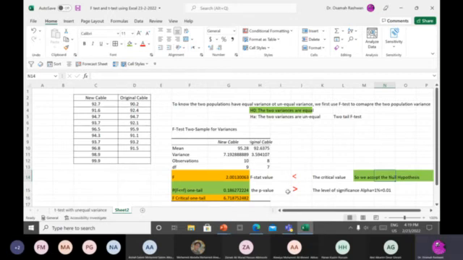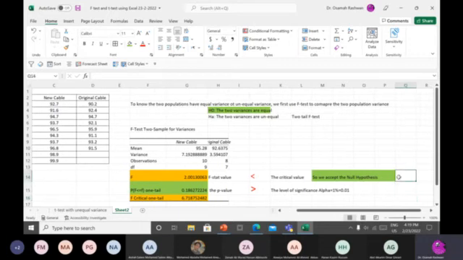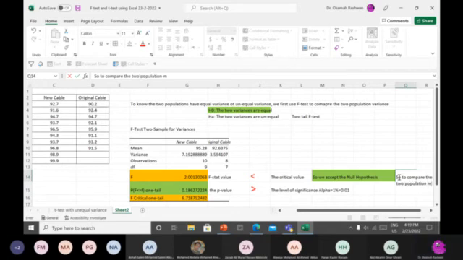So to compare the mean now, up to this one, yes, here, I'm just saying. So to compare the two population means, use what?